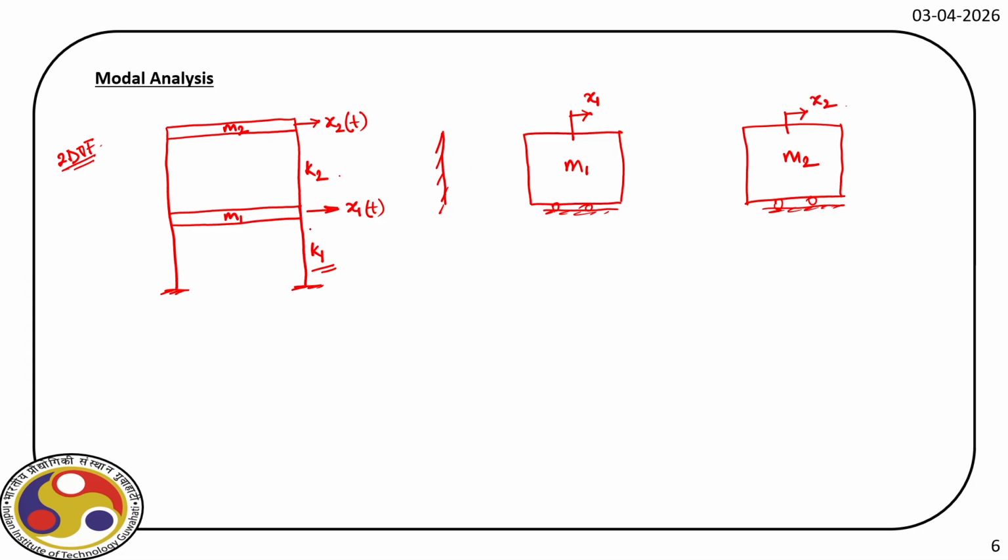Then the first story stiffness we can idealize with the help of a spring, which is K1, and for the second story we have K2. Similarly, we have dampers to model the damping. So this is C1 and this is C2. Now, just for completeness, if we have force F1 and force F2, we'll have F1 here and F2 there.